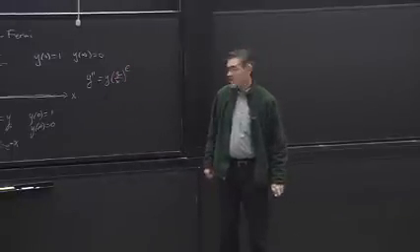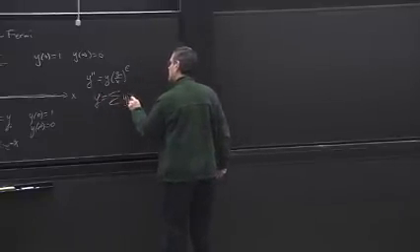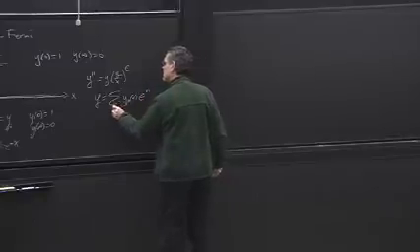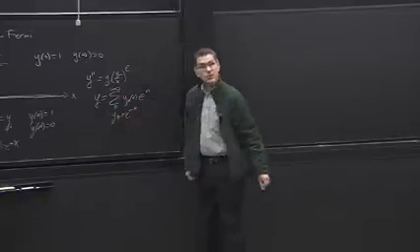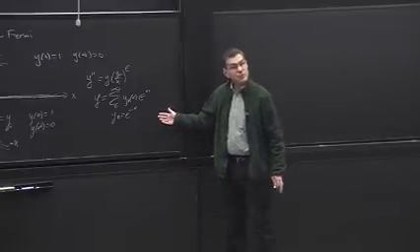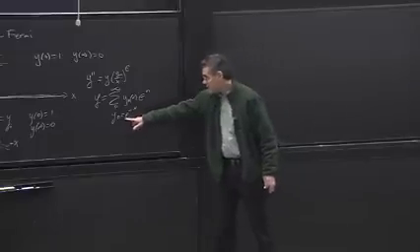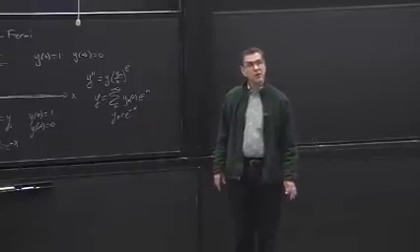And let's look for a solution y = the sum of y_n times epsilon^n, where y0 is e^(-x). And all we need is about 1 or 2 terms. 2 terms in this series beyond y0 gives you a fantastically accurate approximation.